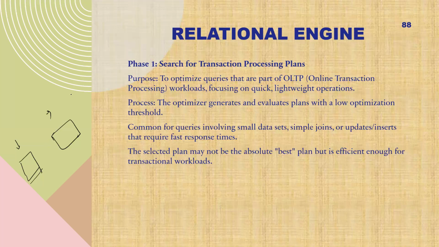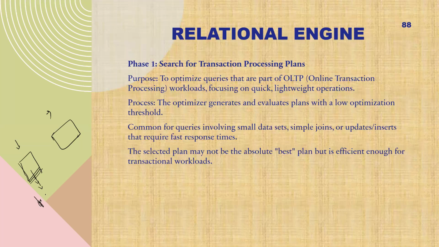Our main aim is the fastest plan. It is not going to check for the best plan. So if SQL Server is working on this query, there is a possibility that it might take time to find the best possible plan.